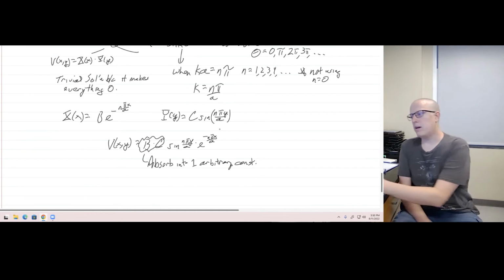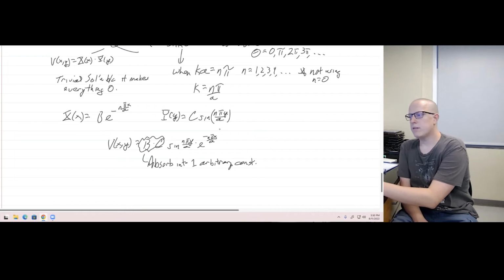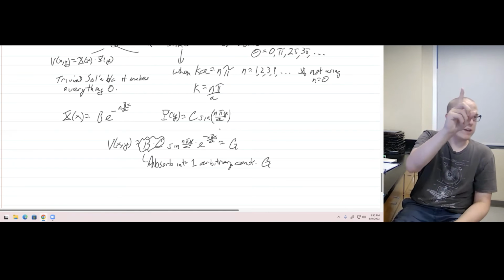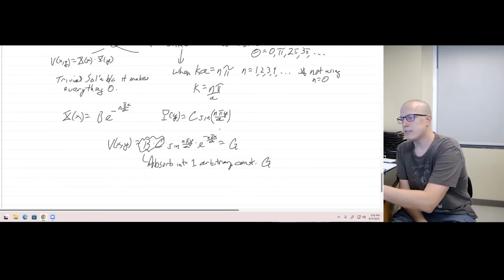Let's see. I already used a c. Let's use g. We'll use g. So I have one constant. Now I only need to figure out what g is. And obviously everything else is the same.